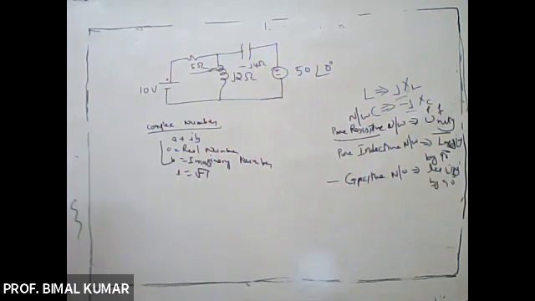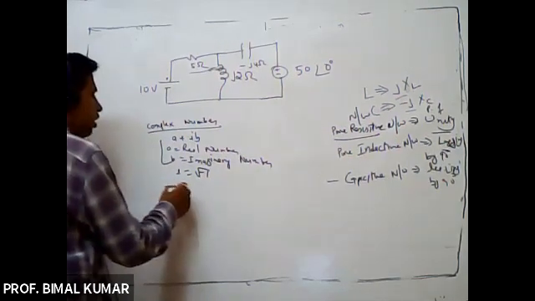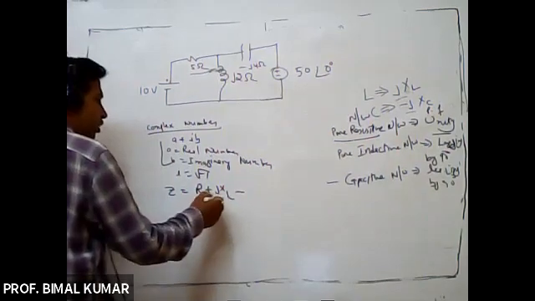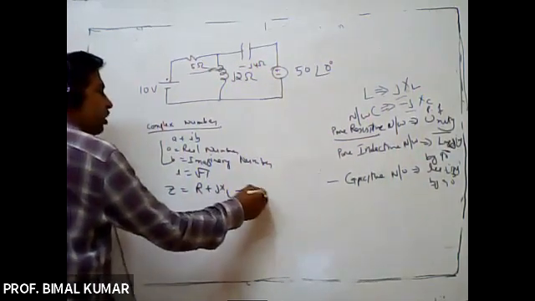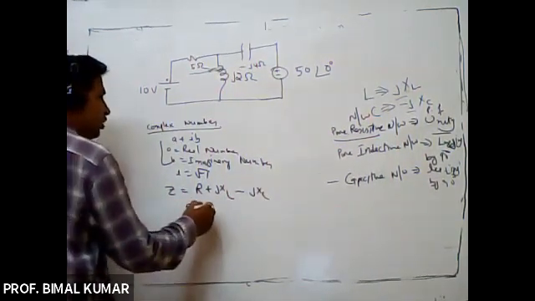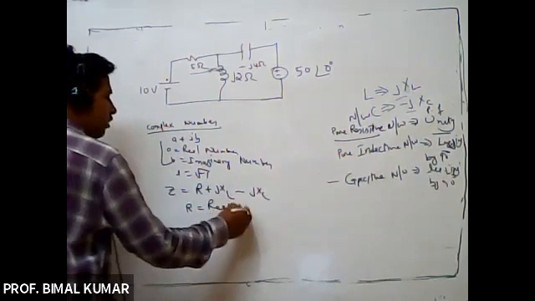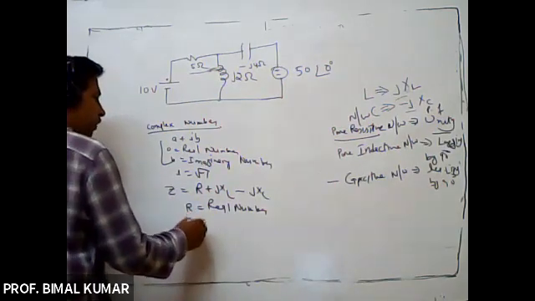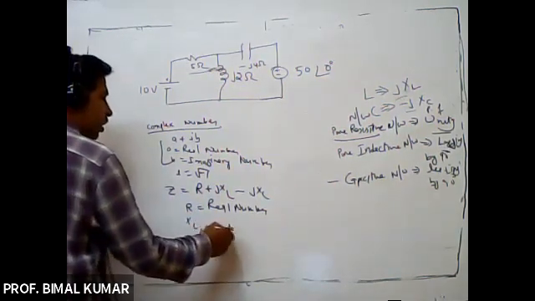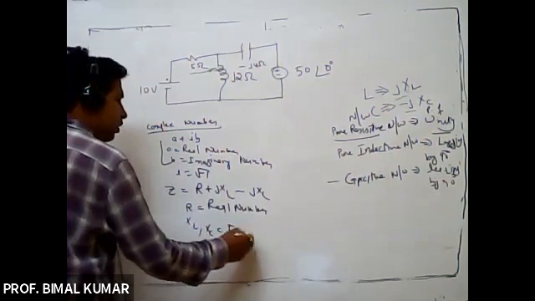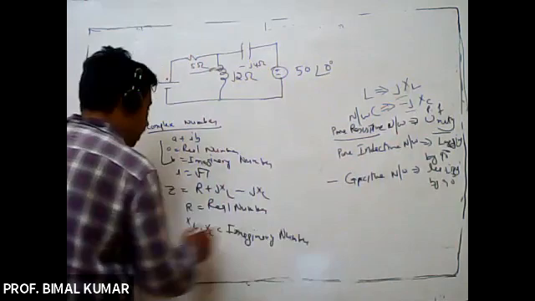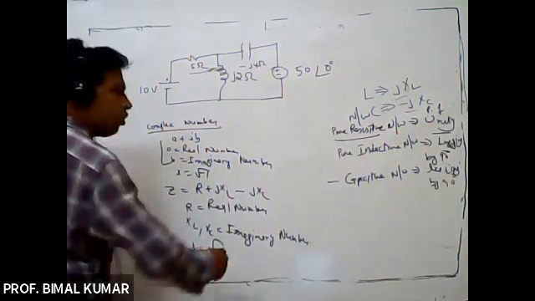In this similar pattern, impedance Z is equal to R plus JXL minus JXC, right? Here R, the value of resistance, is a real number, XL and XC are imaginary numbers, and J is equal to under root of minus 1.